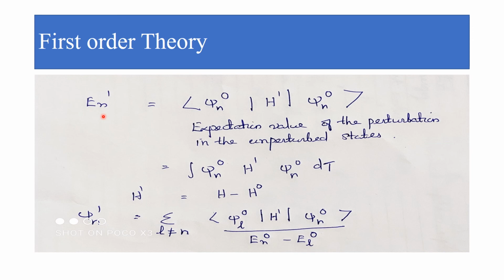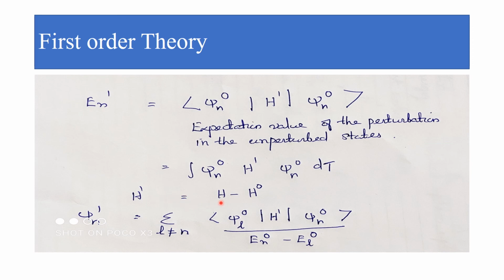According to the first order theory, the value of En^1 is equal to <psi n^0|H1|psi n^0>. That is the expectation value of the perturbation in the unperturbed states. On integrating this, the value is the integral of psi n^0 H1 psi n^0 dτ, where H1 is equal to H minus H0.